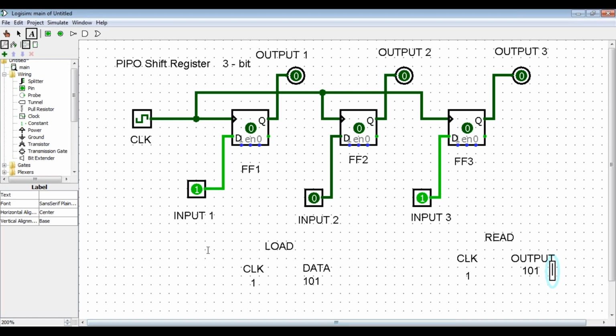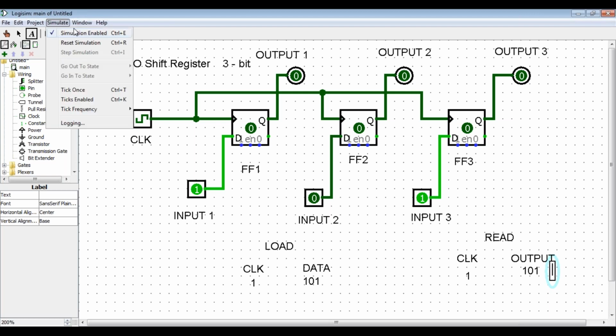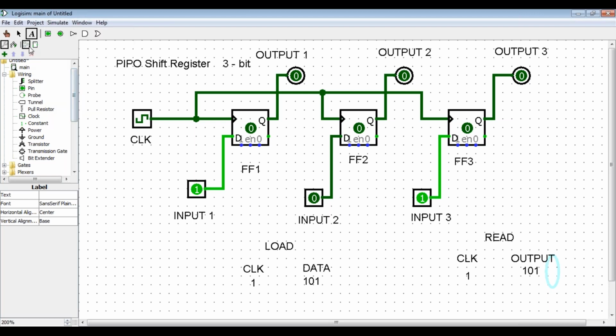Okay, fine. So now we are going to execute. This is the initial case. All the values of your flip-flops are 0 0 0. So now I am going to apply my first clock pulse.